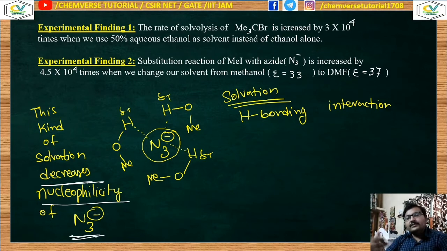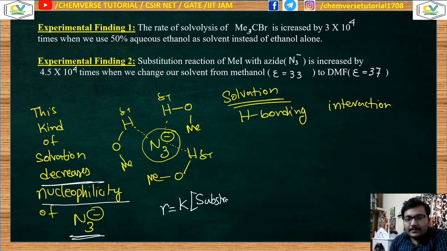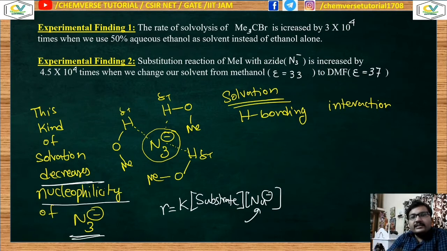Now for an SN2 reaction, the nucleophile must be strong. Why? Because the rate expression for an SN2 reaction is dependent on both the substrate concentration and the nucleophile concentration. So the nucleophile plays a very important role in determining the rate, whether it will be faster or slower.